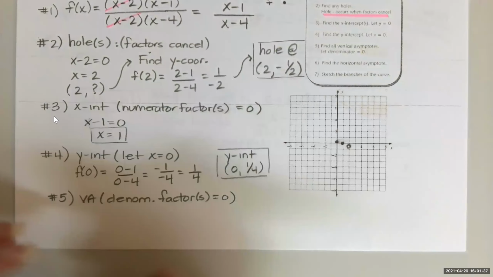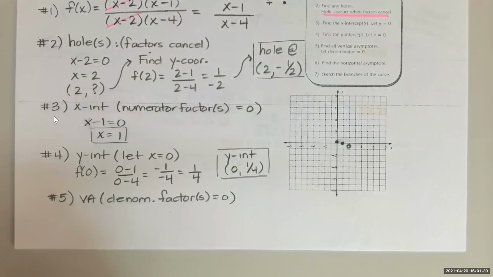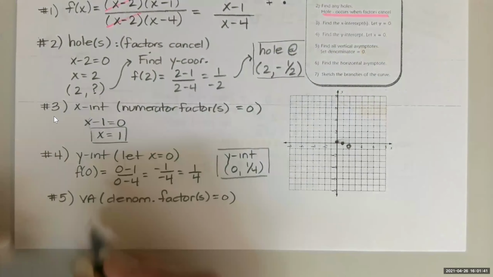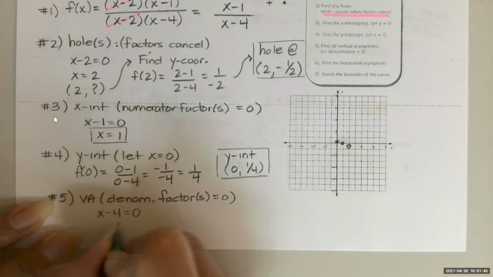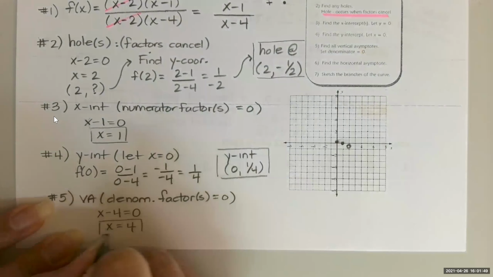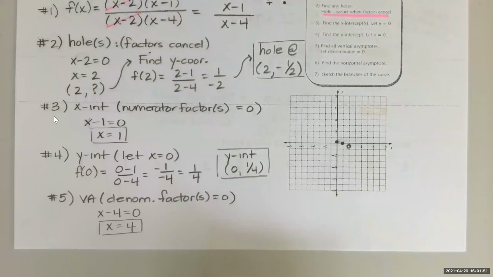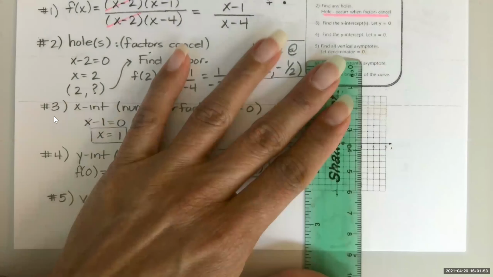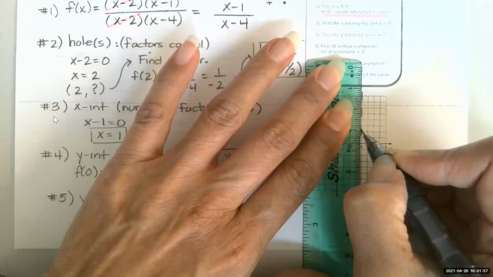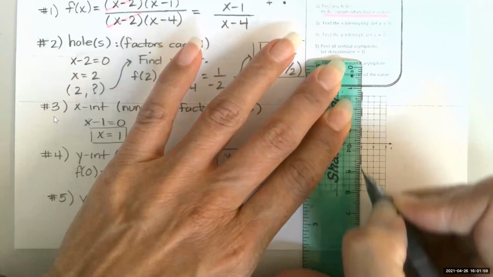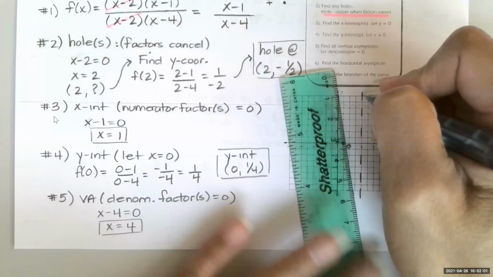So we take that denominator factor of x minus 4 and we set it equal to 0, add 4 to both sides, and that is our vertical asymptote. So let's come over here and draw a vertical asymptote at x equals 4. And we use dashed lines.